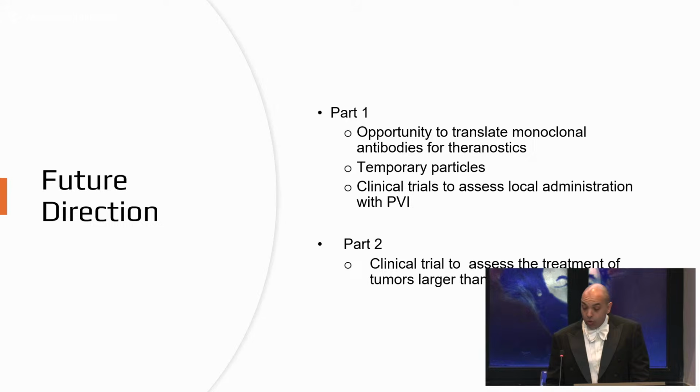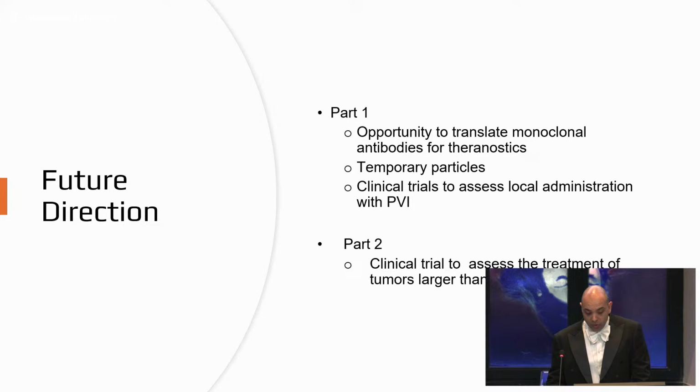There are other methods we can use to get our embolization. We can use temporary particles, so that the vessels open up and we get our initial hypoxia, which will help the radiation work, but then the vessels will open and allow the tumor to be treated better.